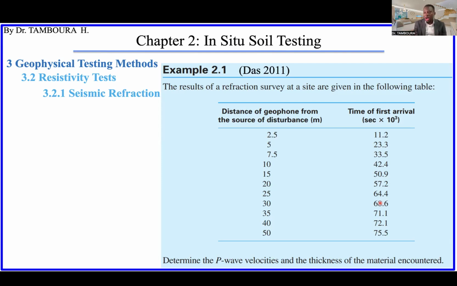From the slope, you can get the velocity. After this velocity, use the two formula to obtain the thicknesses of the first two soil layers. Okay, so this is here. Determine the P wave velocity and the thickness of material and content. Please do it and let me know if you have any trouble getting result.